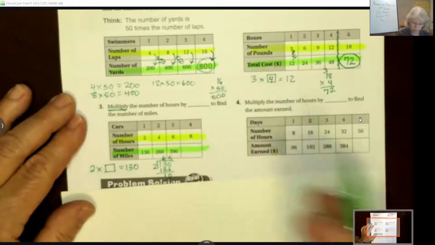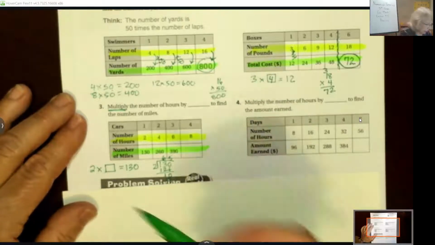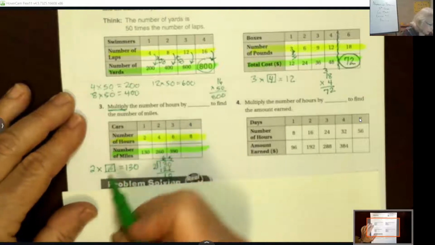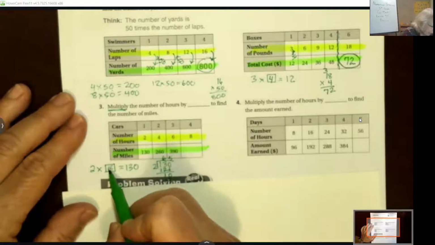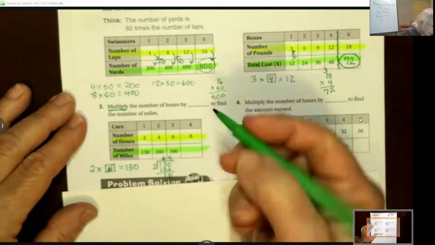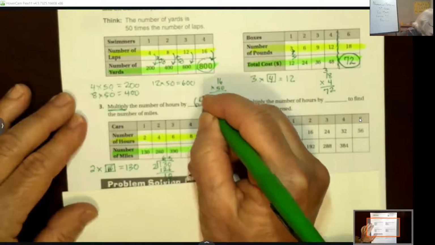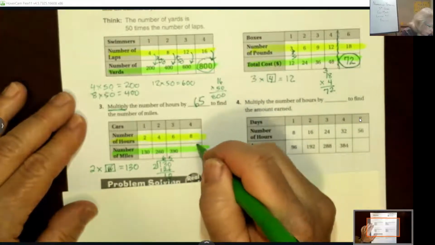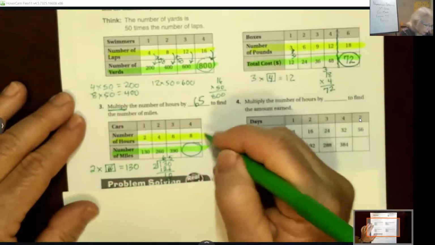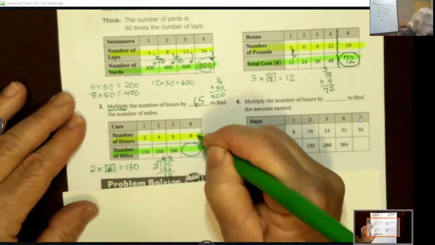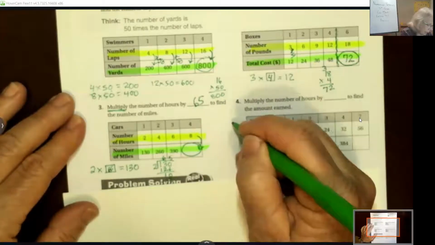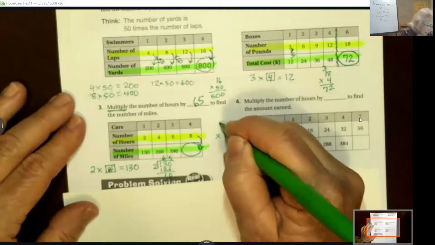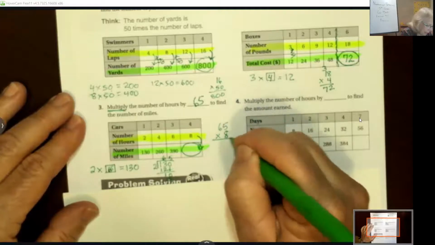So our rule here that we think works is multiply the number of hours by 65, and you get the number of miles. So now we have a missing one. So again, we use the same rule to get from the number of hours to the number of miles. So we need to say 8 times 65 and work that out.